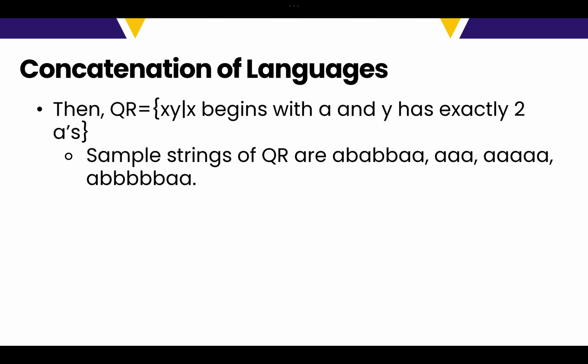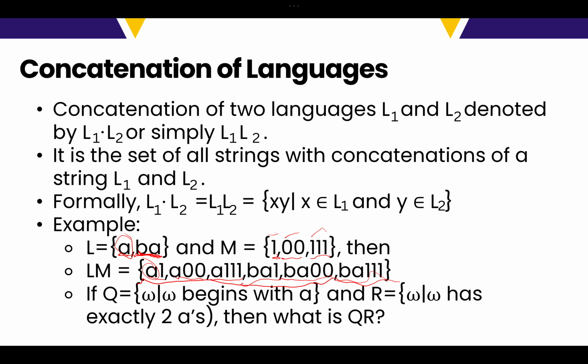Another example is if Q is equal to omega, such that omega begins with A. So, the strings represented by omega begin with A. And R is equal to omega such that omega has exactly two A's.